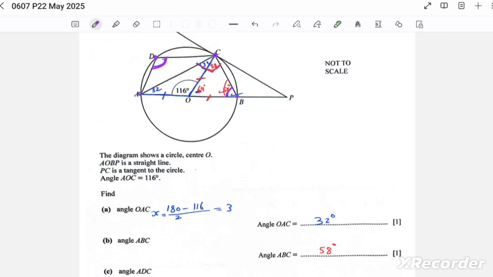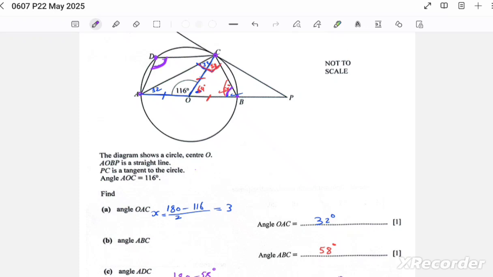So you may say that 180 minus 58. So this one is 122 degrees.